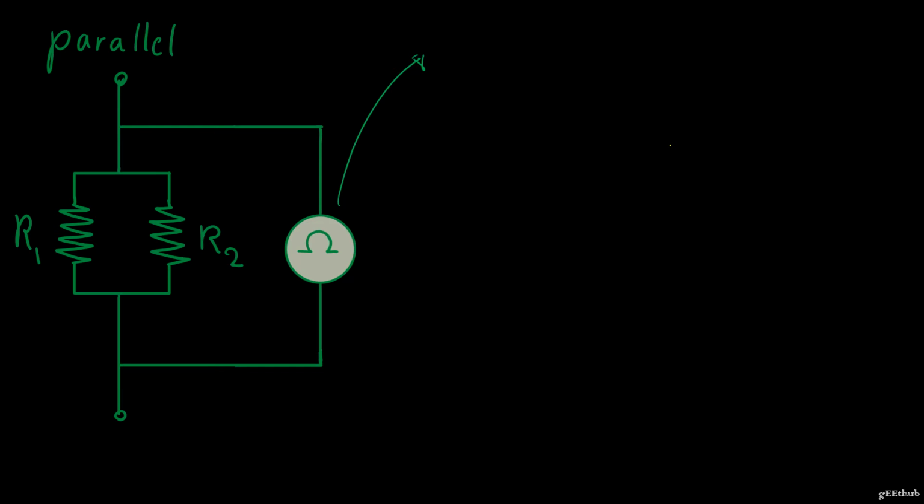It's going to tell us R equivalent, which is equal to V over I. Now I have my V over here that the ohm meter provides, and the current. So I need to simplify some stuff so I can derive an equation here.